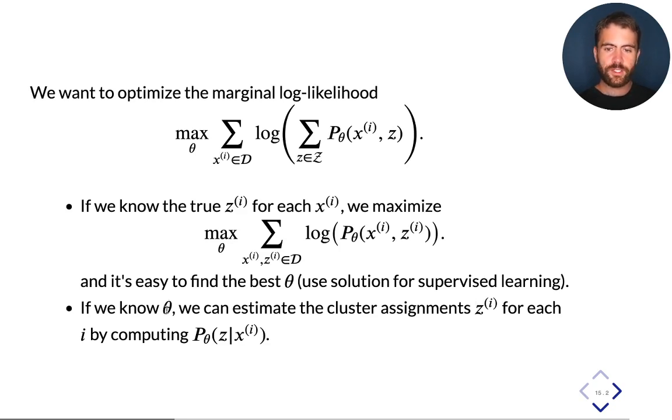Given an initial guess for the parameters, an initial guess for the means of each cluster, we compute the cluster assignments, which is going to be this guess, here, the z, and then we optimize for the best set of parameters in the model. And then given a set of parameters, we compute the next cluster assignment, and we keep alternating these. This looks very similar to the algorithms we have used to fit k-means.